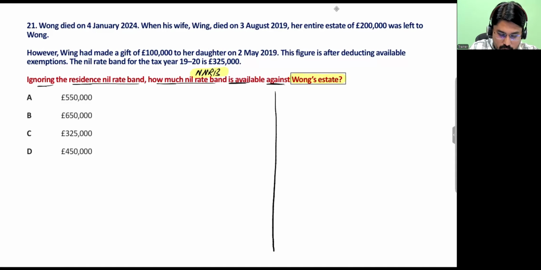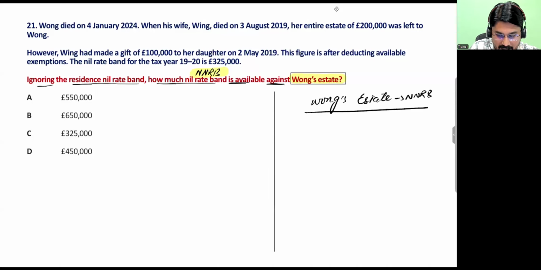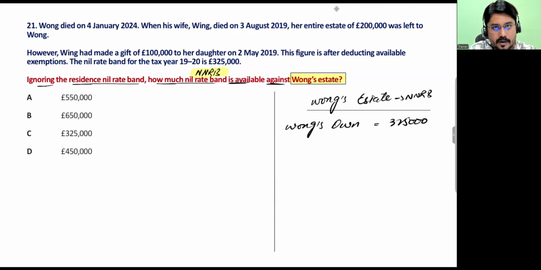In effect, we need to solve Wong's estate normal nil rate band. And we know one thing, that first of all, the person's own nil rate band would be available. And for every person for the fiscal year 23-24, the nil rate band amount is 325,000.